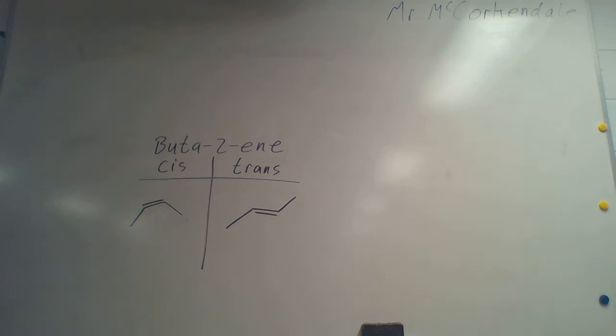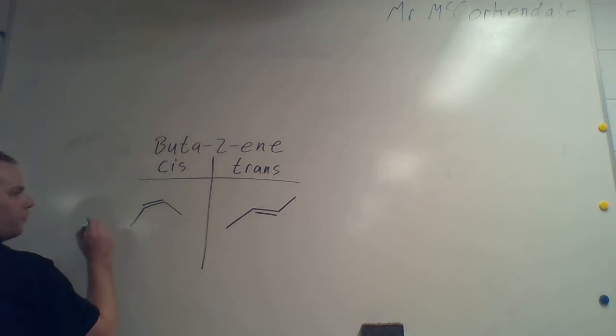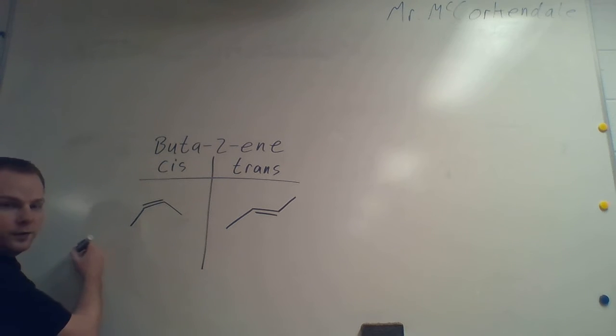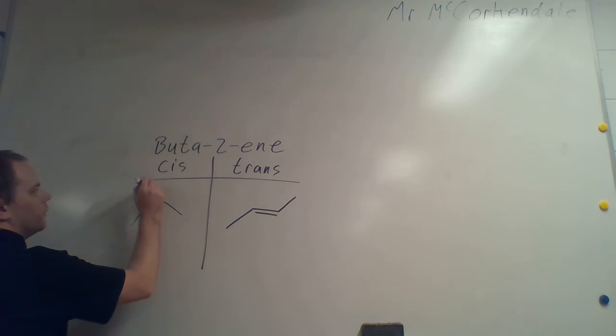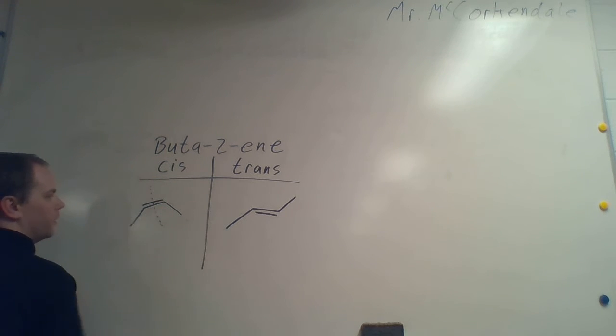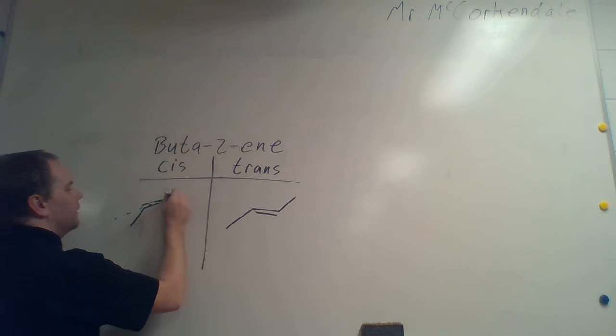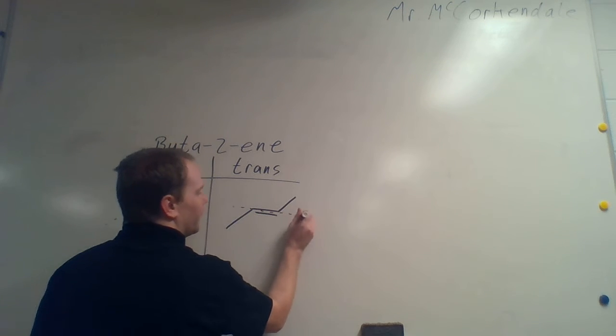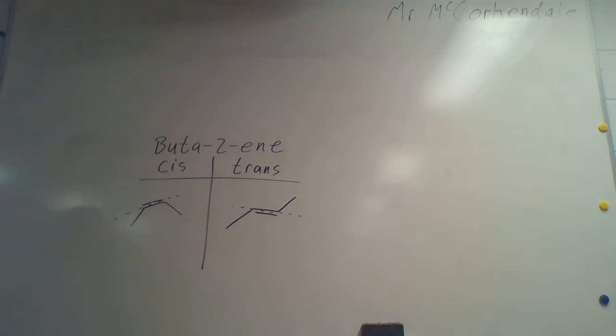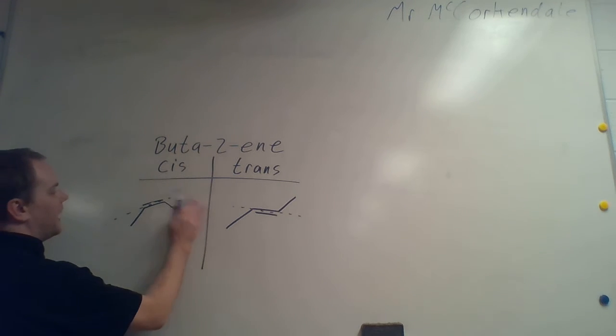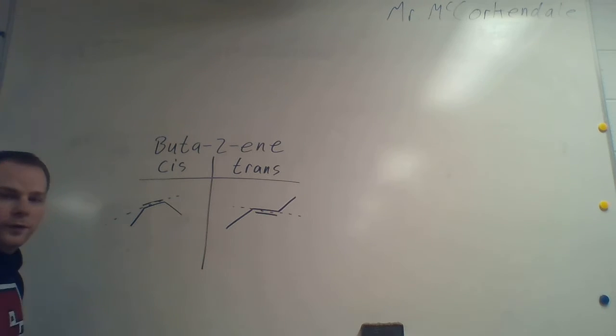Now, when we talk about cis versus trans, we are talking about a line that runs parallel to our bond. Okay, so if we draw an imaginary line here, then we have two sides of our bond.